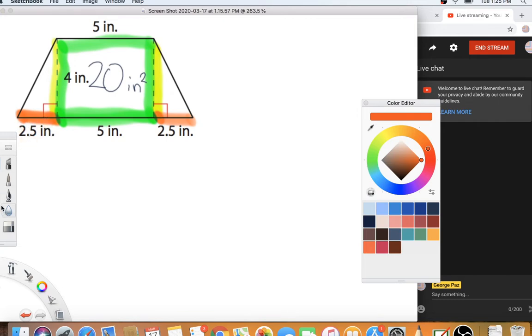So it's 2.5. So we're going to have to do our area for our triangle. That's 1/2 times base times height. So we have 1/2, base is, like I said, 4 inches, and our height is 2.5 inches.